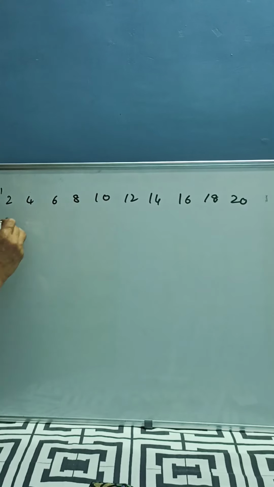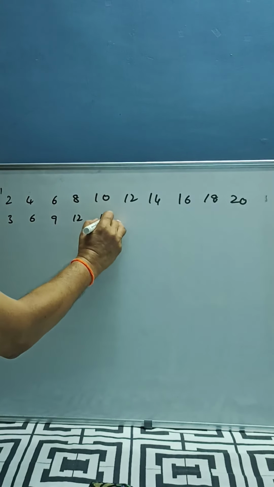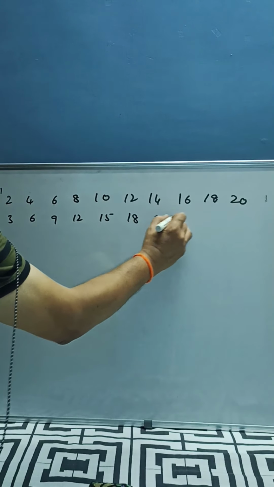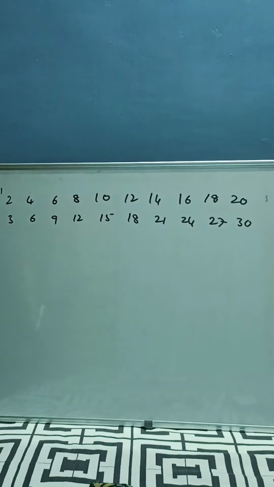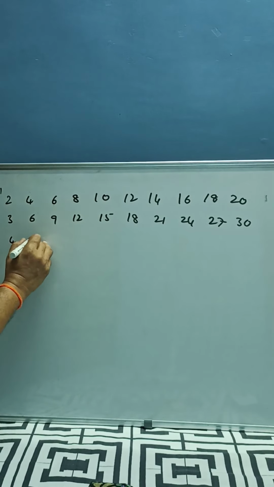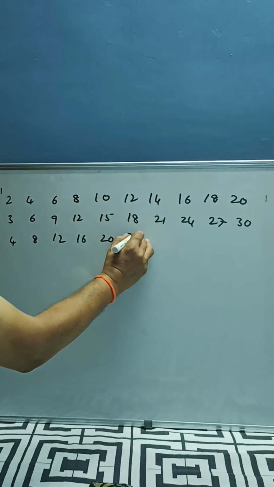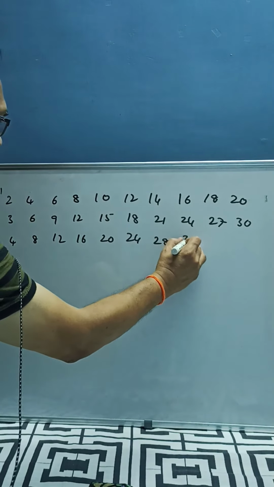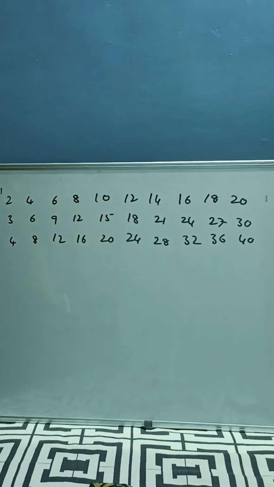To write the third table, 3, 6, 9, 12, 15, 18, 21, 24, 27, 30. Third table is over. To write the fourth table, 4, 8, 12, 16, 20, 24, 28, 32, 36, 40. Fourth table is over.